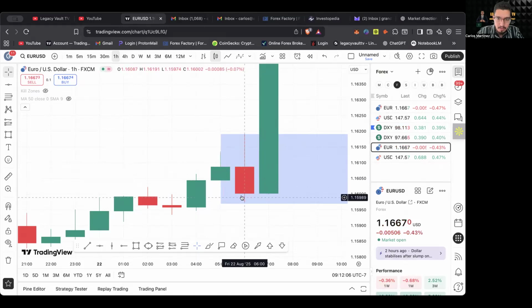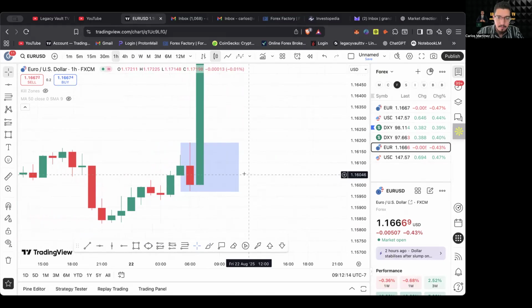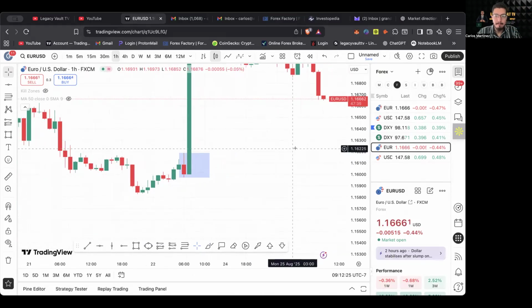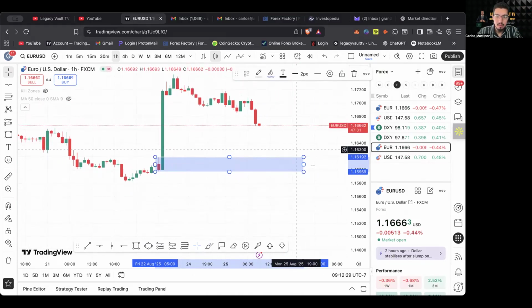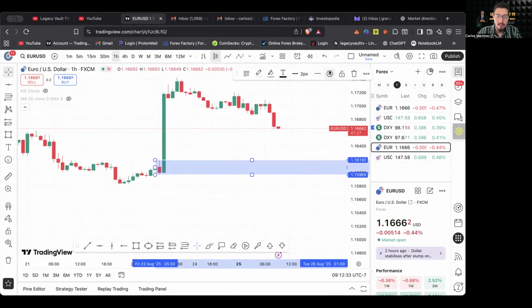You see price pushed down to liquidate this previous candle. So when you see this, it's a valid order block. So you want to spot liquidity and you want to spot break of structure before it's considered a valid order block. And you draw your zone. That is a demand zone.